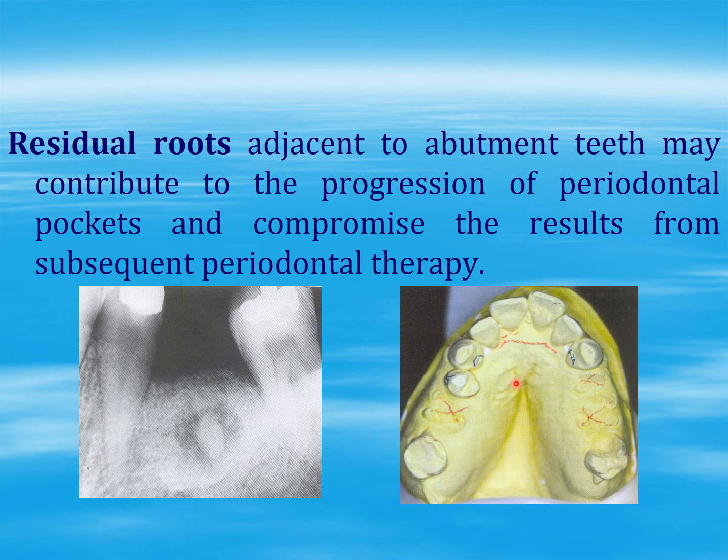So when it's creating problems, especially gum issues, and the root piece is infected, it's going to create issues in the bone and problems in the healing. So such root pieces should definitely be removed.